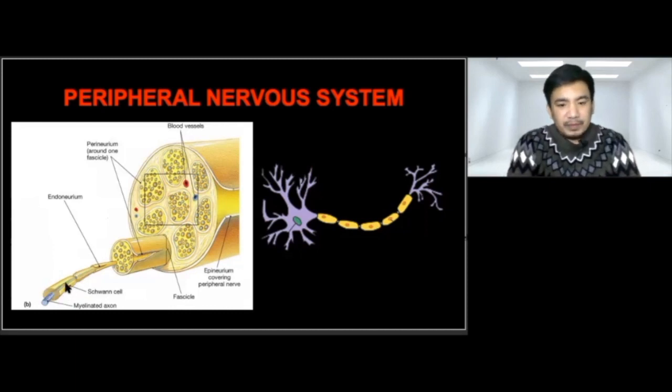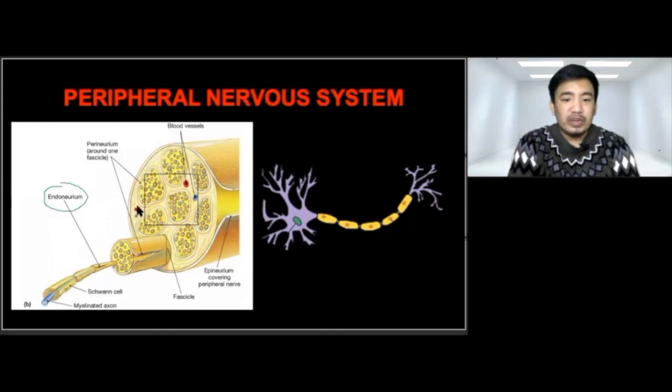Now, this axon is myelinated, and Schwann cells produce the myelin sheath that insulates the axons. There is also a connective tissue that encapsulates our myelinated axon, and that is what we call endoneurium. A collection of nerve fibers or axons is bundled in what we call a fasciculus, or the fascicles.